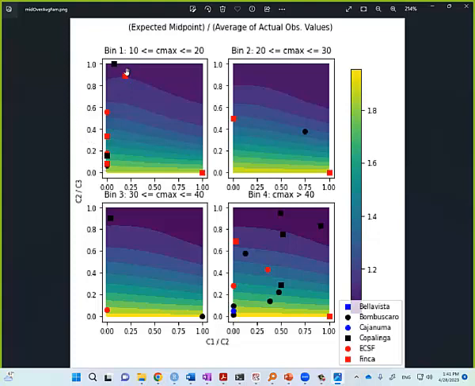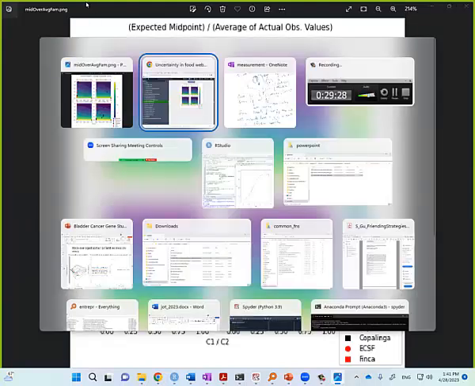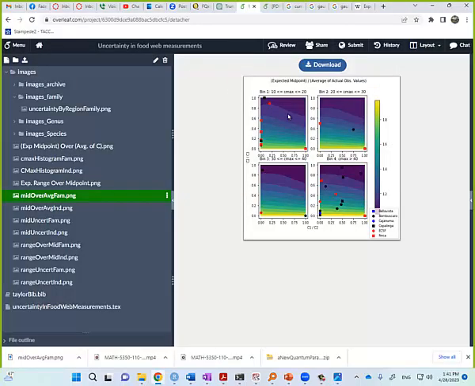Because if we are very close to the axis, it's not a good result. No, it's not a good result. Even with family. Yeah, even with family.